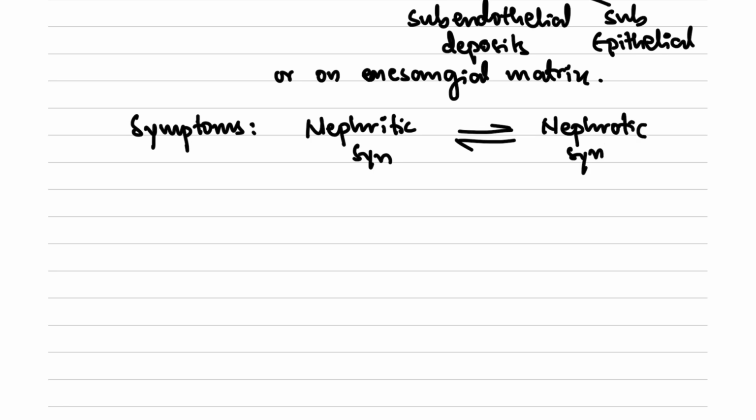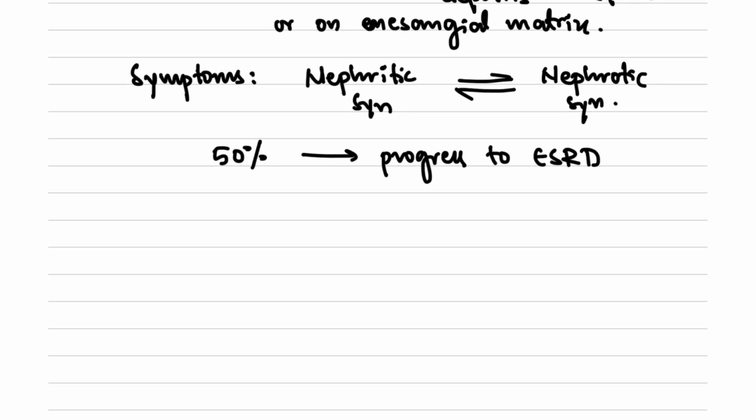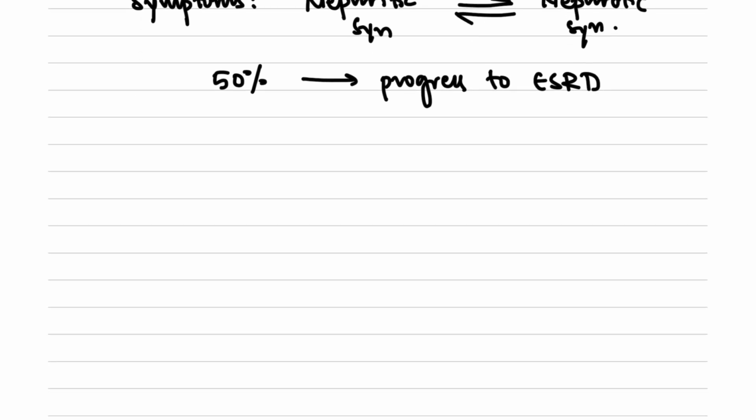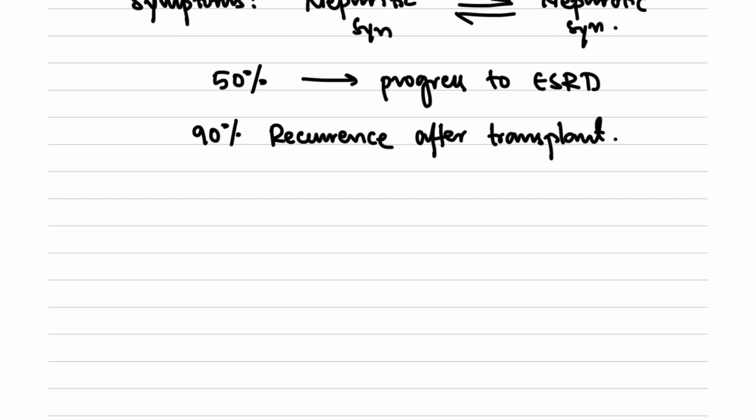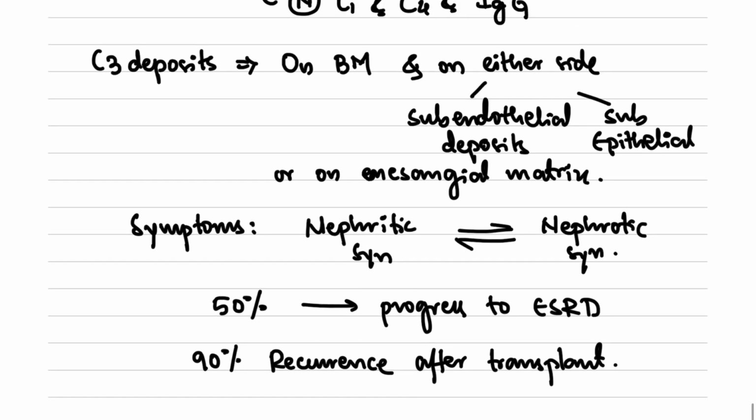Around 50% of the patients with type 2 MPGN will progress towards end stage renal disease, ultimately requiring dialysis, and there is a 90% recurrence rate for MPGN type 2 even after transplant. So this is the end outcome of patients suffering from type 2 MPGN.